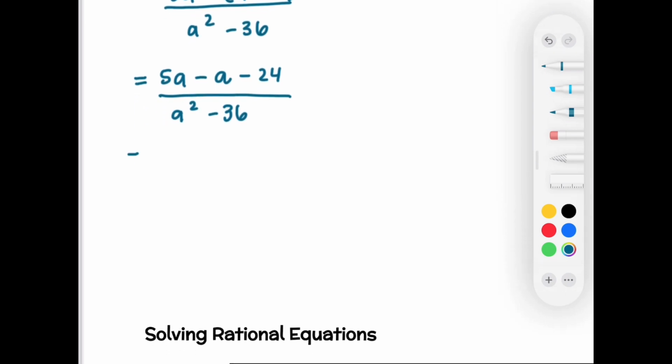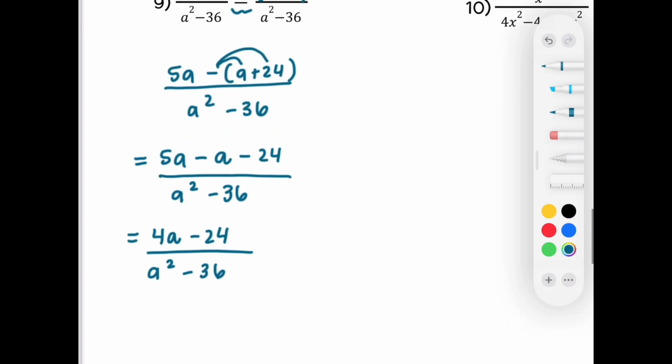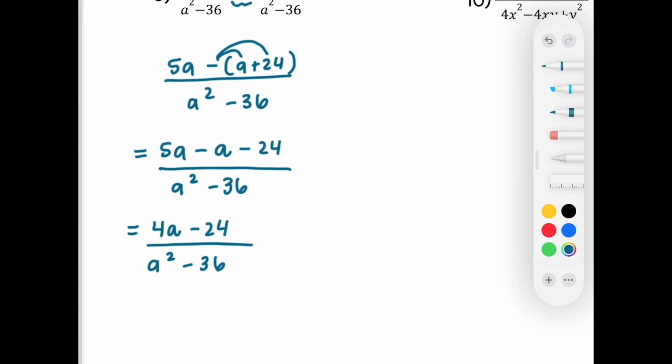All right, and then we're going to figure out 5a minus a is 4a minus 24 over a squared minus 36. Okay, so all I did was just combine the numerators. That's all we've done so far.